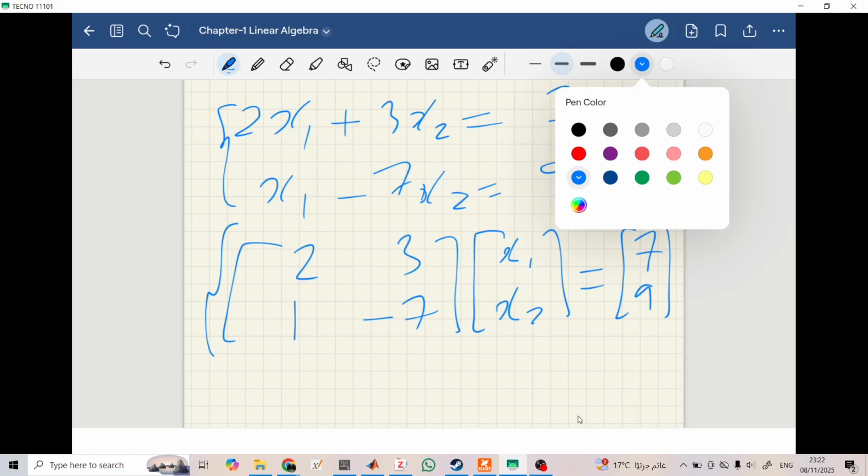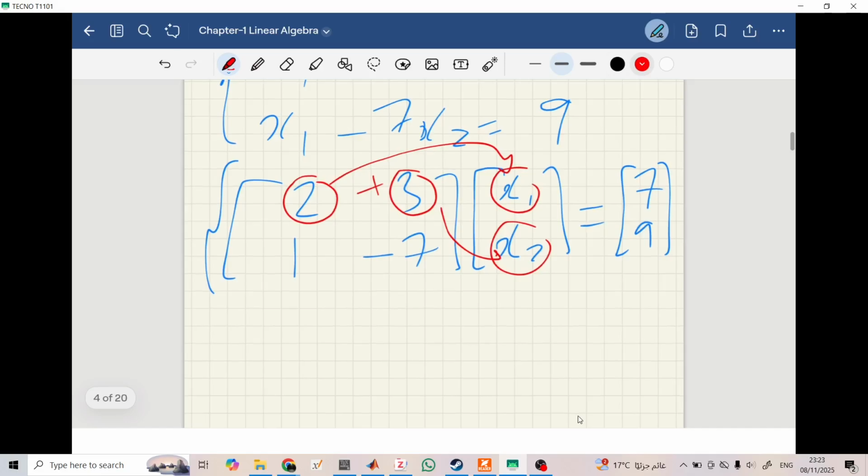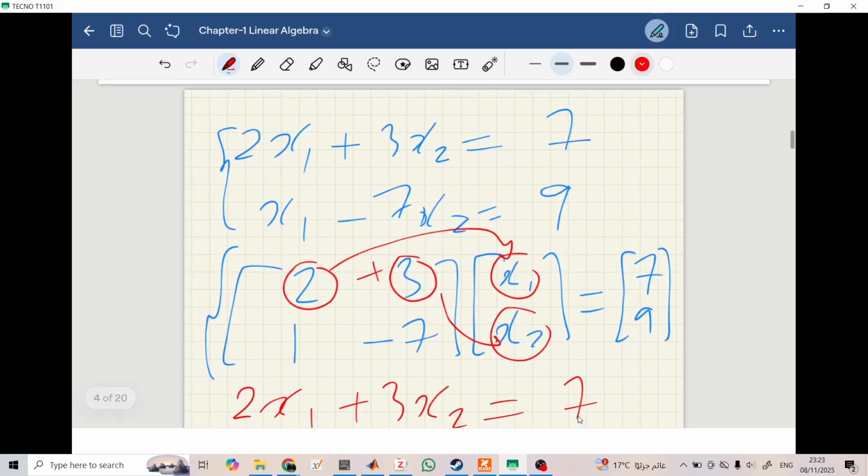Let's multiply them using matrix multiplication. If you remember, in matrix multiplication you multiply the first term of the row with the first term of the column. Then you add the second term in the row times the second term in the column. If you do this, what you get is 2x1 plus 3x2 equals 7, which is the first equation.